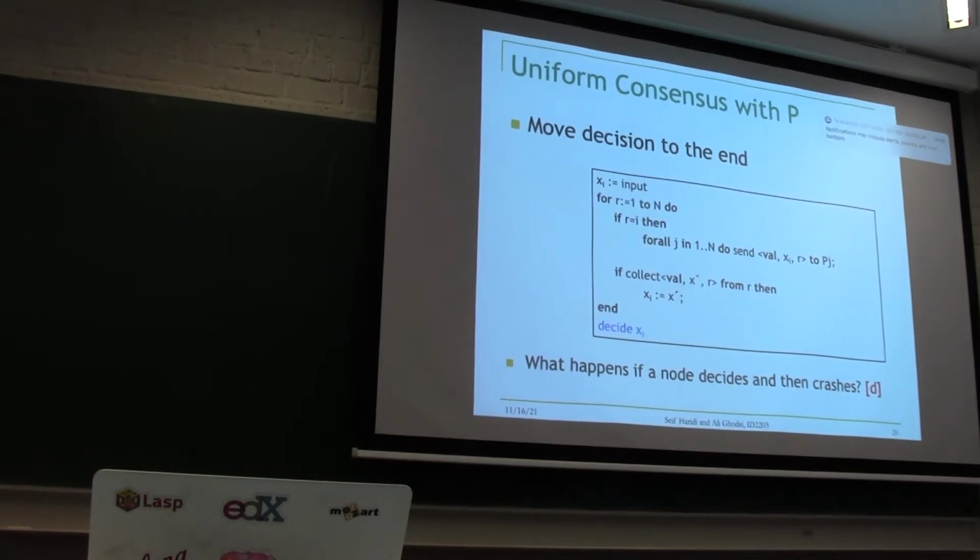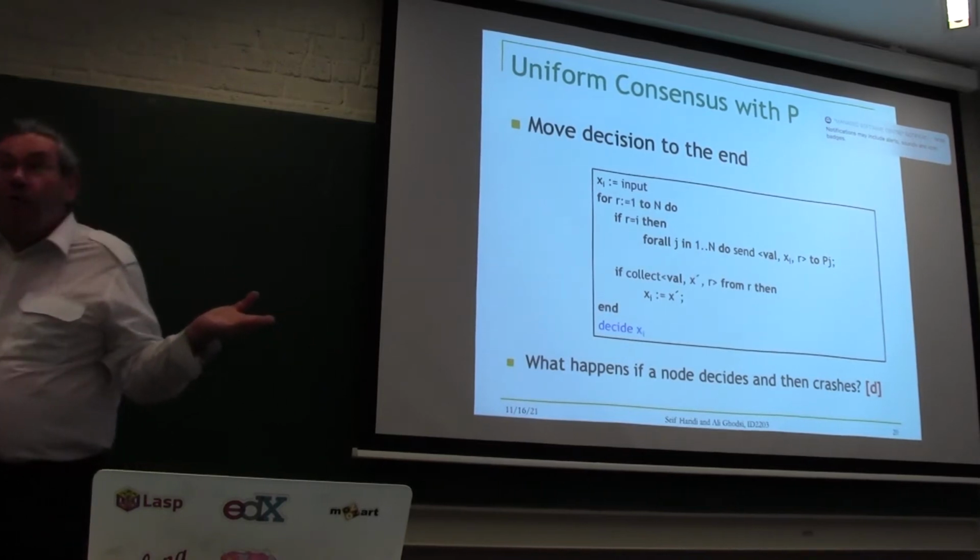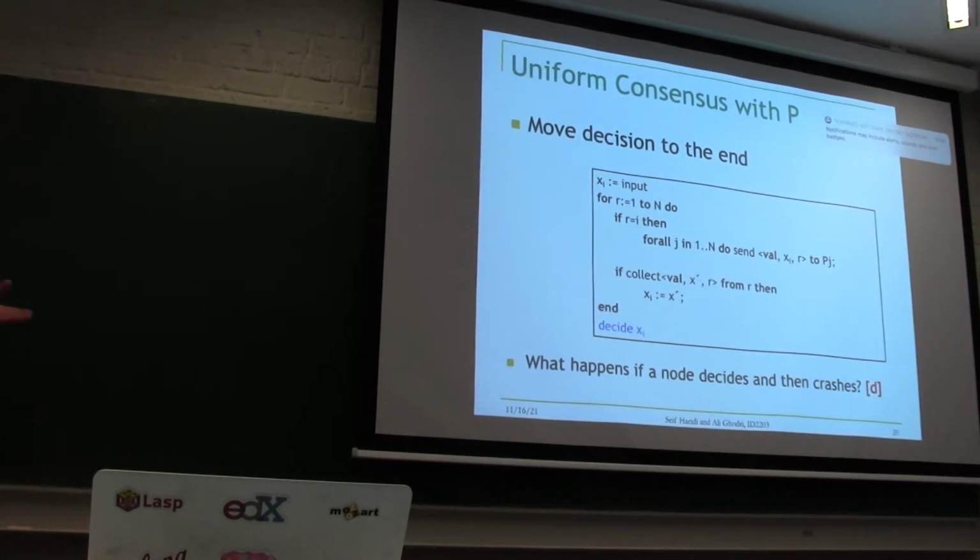We have regular consensus and uniform consensus, but both of them use perfect failure detectors. You need the perfect failure detectors to go from one round to the next. That's why you need P. Now what we want to see is what happens when we make this eventual.